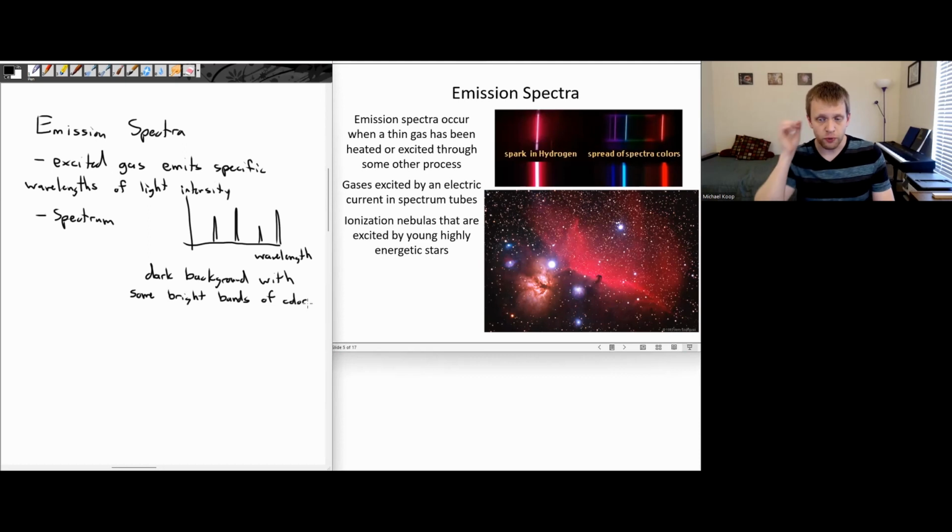And again, these bright bands of color are specifically associated with each of those energies of photons that this particular element likes to absorb or likes to emit.